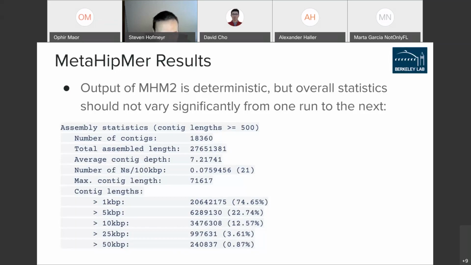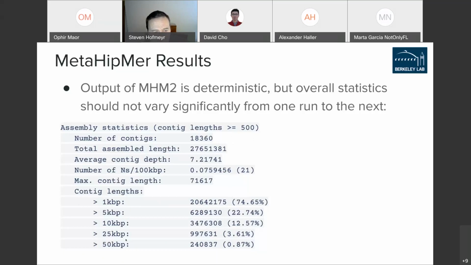And we actually have tools to do very close checking of the results, and I think this is documented on the competition webpage. But without even running the tools, you can eyeball the results. At the end of a run, it'll print out some of the assembly statistics, and this is an example printout here. And these shouldn't vary dramatically from one run to the next.